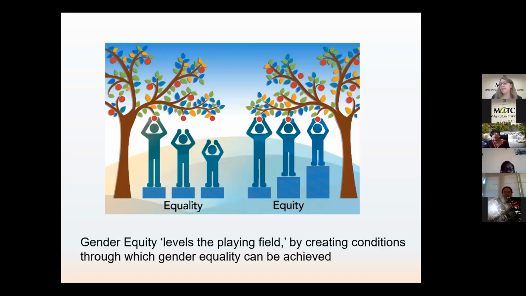If you look at this picture, you can see an example. Equality would be to give each participant one crate to stand on, but this is not true equality. It does not achieve our goal of allowing each one of them to benefit from development. Here, we know that some people need a little bit more crates, and some people need less.